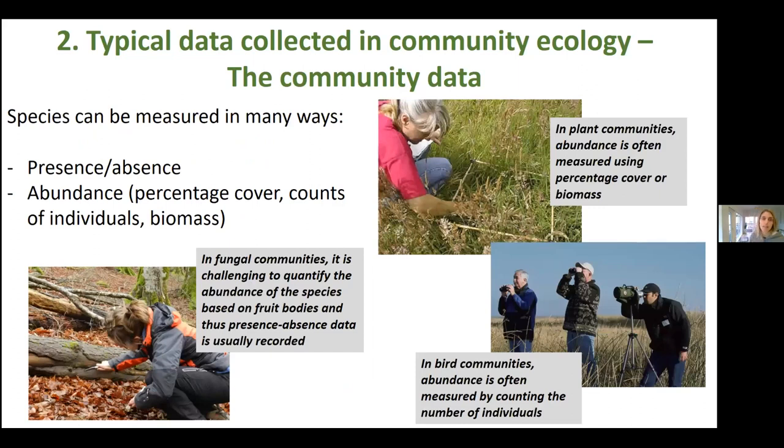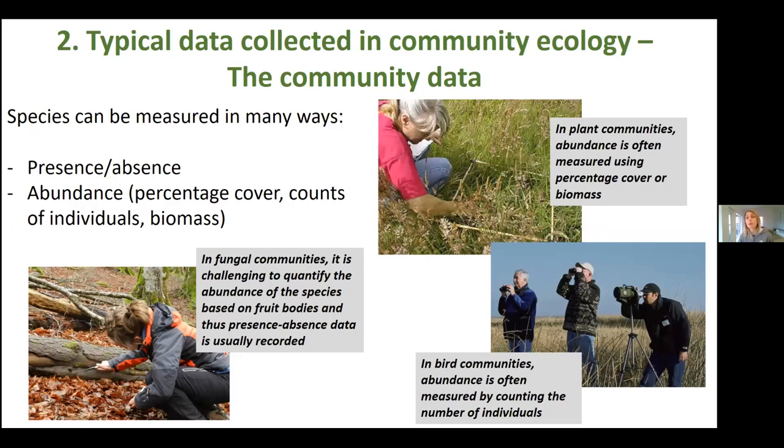And finally, just a very quick reminder, which you may not need because this is very basic, but I still want to remind you that we can measure the species in many ways. We can record their presence, or presence-absence, or we can record their abundance, which we can do in many ways.